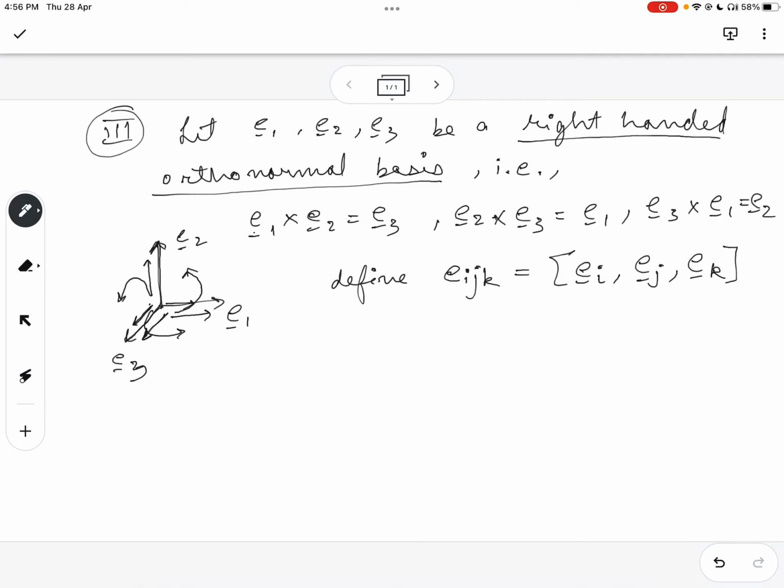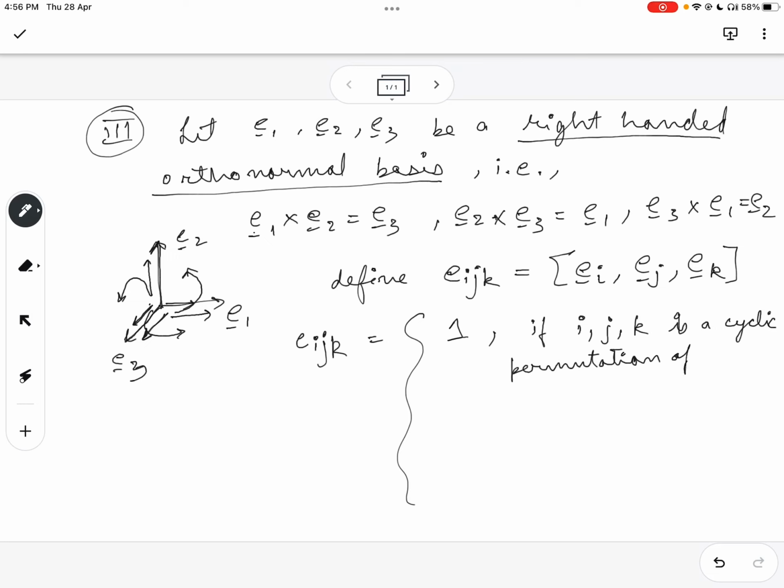From the earlier properties and the rules for the vector product, we can easily see that Eijk is 1 if ijk is a cyclic permutation of 1, 2, and 3, that is 1, 2, 3. If this cycle is followed, then Eijk is 1.